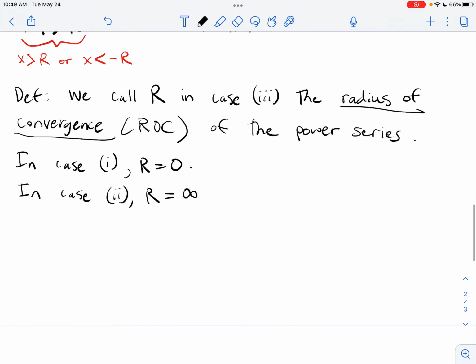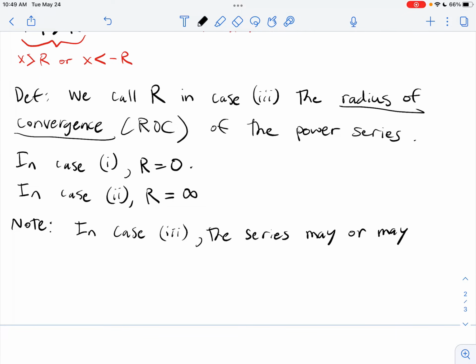Okay? So something important to note here. In case 3, the series may or may not converge at the edges, when the absolute value of x is exactly equal to r.